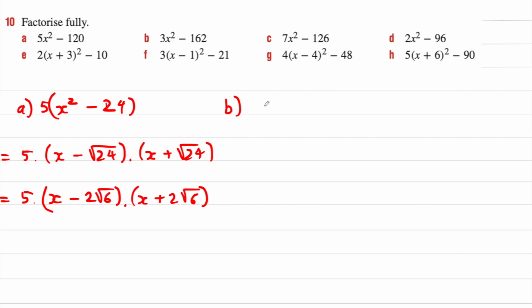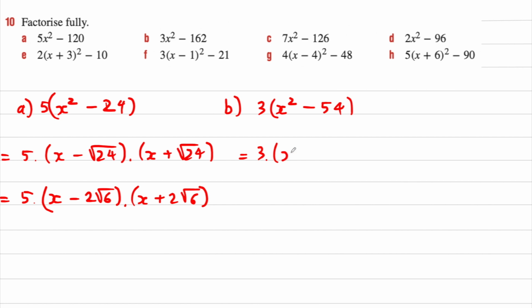About question B, you can take 3 outside. H squared will be outside for this one. 162 divided by 3 is 54. Okay, 54 will be 9 and 6.